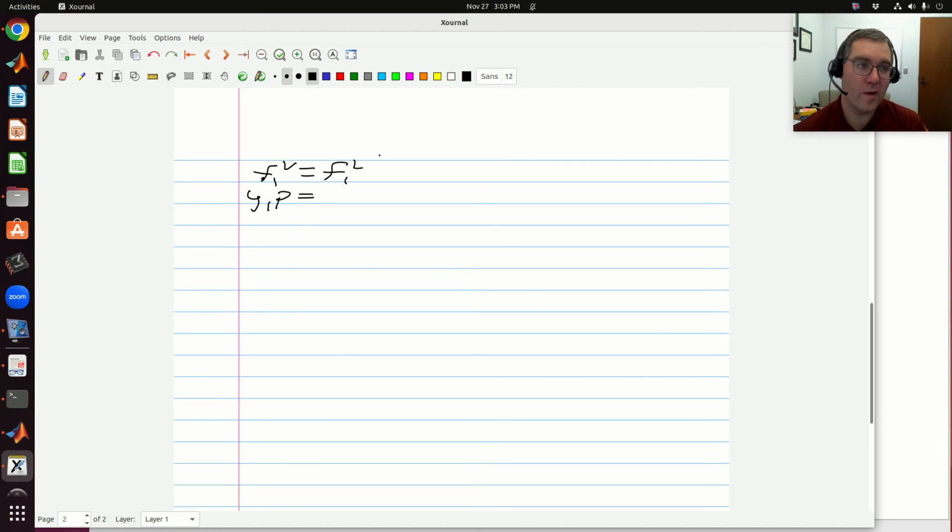For my liquid phase, I assume that the liquid is ideal, that the pure component at saturation at T is also an ideal gas, and that my Poynting correction is negligible. When I do that, my liquid phase fugacity takes the form x1 times P1 sat. And this is just equal to the fugacity of component 1 of my vapor.